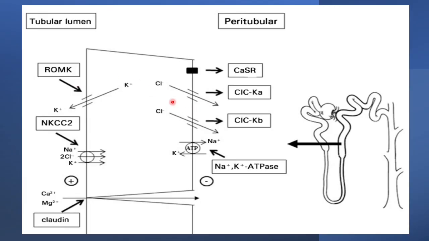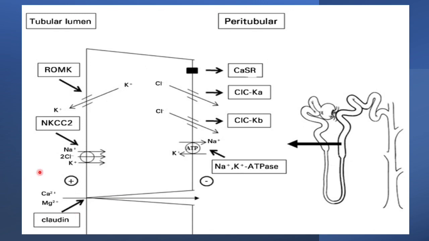The chloride which diffuses out of the cell also has a channel, the chloride KB and K1 channel. As we said, calcium and magnesium are also reabsorbed, and the protein which is present is called claudin.